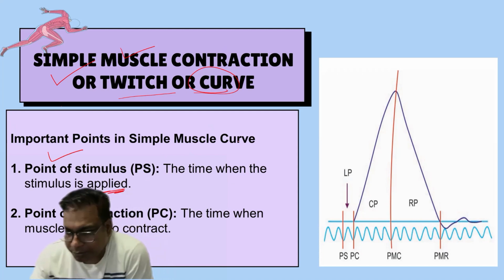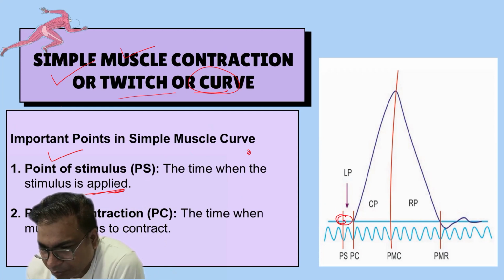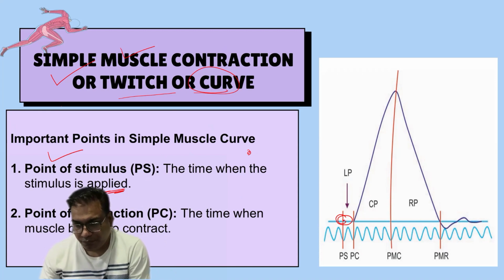In this image, we can see the point of stimulus. This is the point of contraction. The duration between point of stimulus and point of contraction is called latent period.